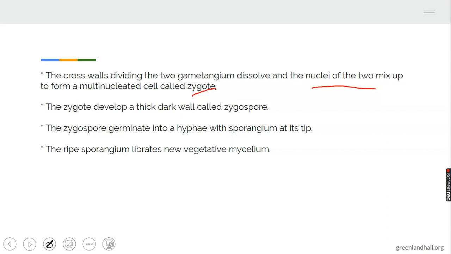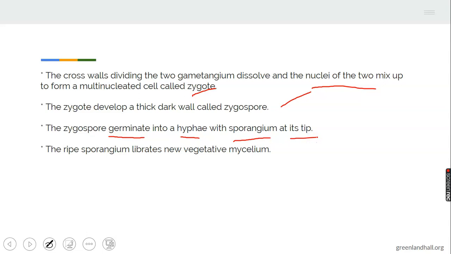After this, the zygote will now develop a thick brown structure called zygospore. The zygospore will later germinate into hyphae with sporangium at the tip.